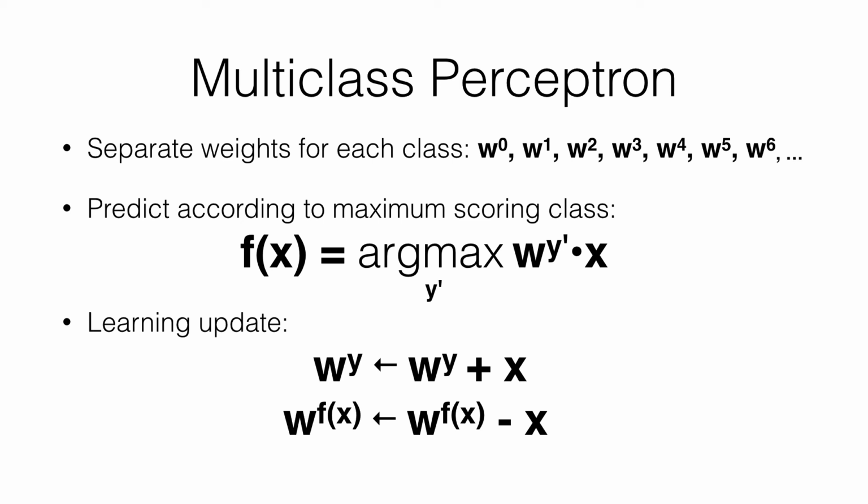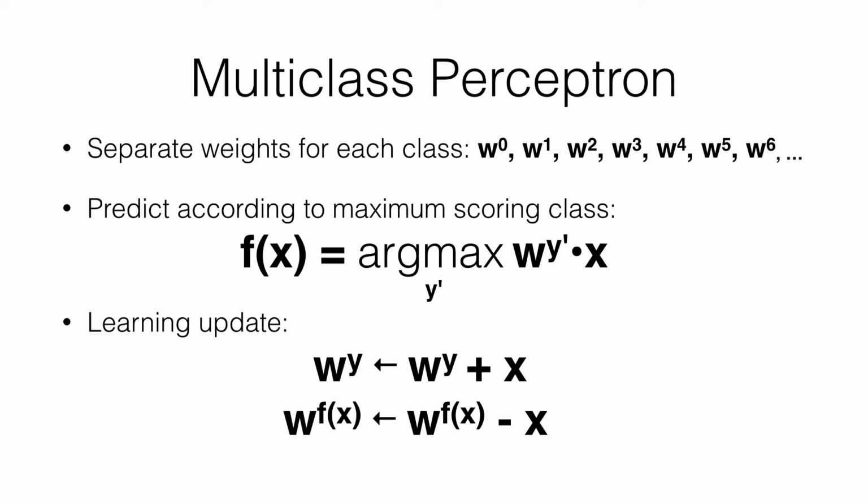So the weight vector for the true label is going to be updated by adding X. And if you'll remember the directions that these things went, when we add X to W, the score for that example increases for that weight vector. So we're increasing the score for the true value.